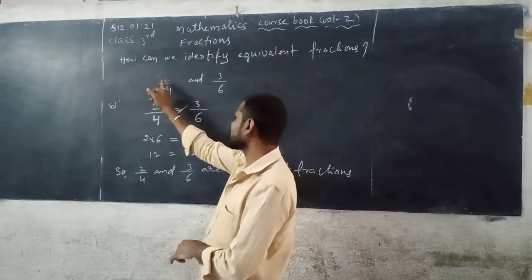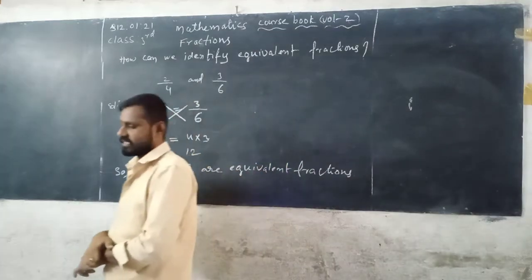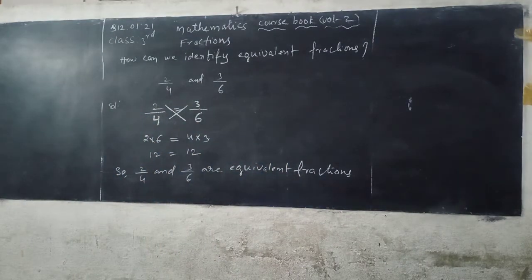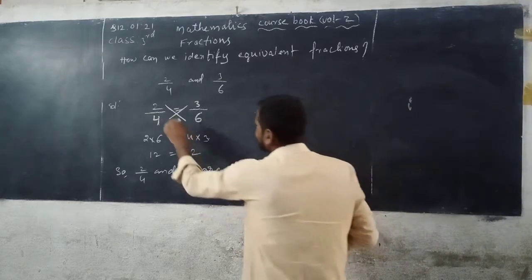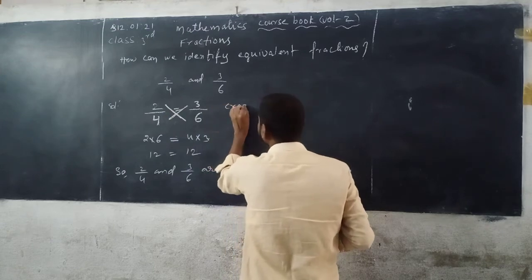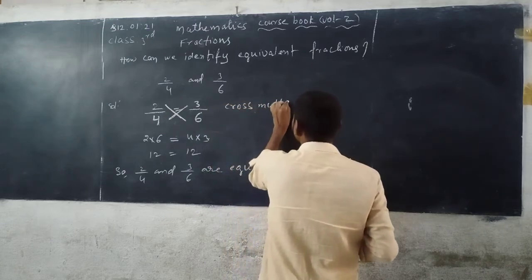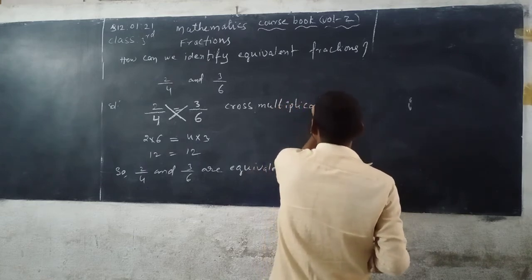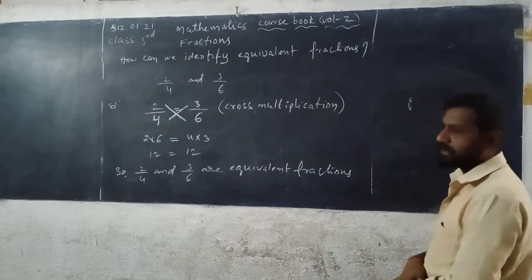Then the given two fractions 2 by 4 and 3 by 6 are equivalent fractions. This is called cross multiplication.